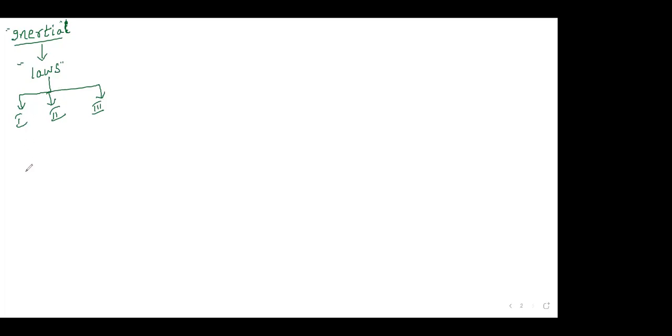Students, suppose I consider an object which is at rest. This object is at rest. Now, I want to change this body to motion. The body which is at rest, I have to change the inertia of that.